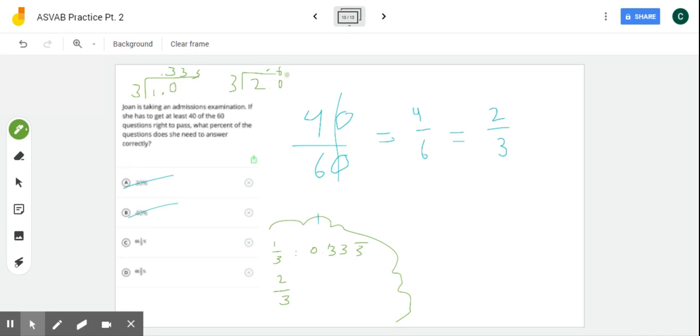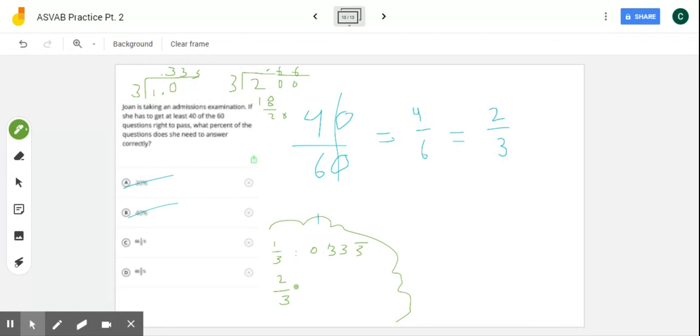And you can keep doing it on your own. Long division, 6 times 3 is 18. 20 minus 18 is 2. I have to add a 0 and bring down a 0, so 3 goes into 20 6 times again. And the process is going to keep repeating.